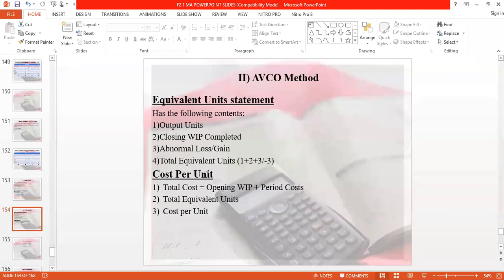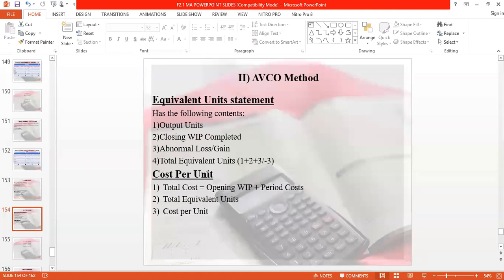So if you have been told to use the average cost method, what do you do? You look at the equivalent unit statement, which has the following. You start with output units. You show your closing work in progress completed.